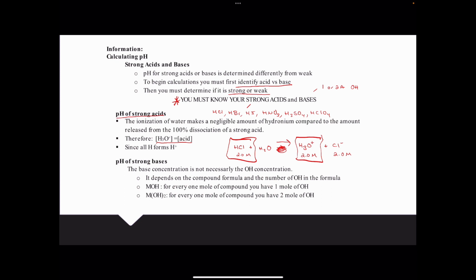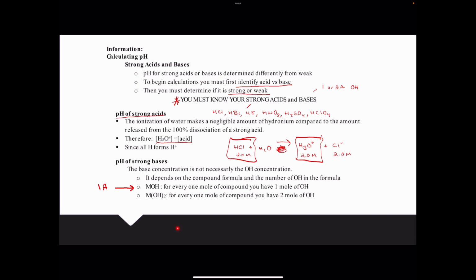When it comes to our bases, it can be a little bit more complicated. The concentration of the base is not necessarily the hydroxide concentration. It depends on the compound formula and the number of hydroxides in the formula. So our strong bases are either a group 1A hydroxide, so that we would have whatever that group 1A cation is attached to 1 hydroxide.